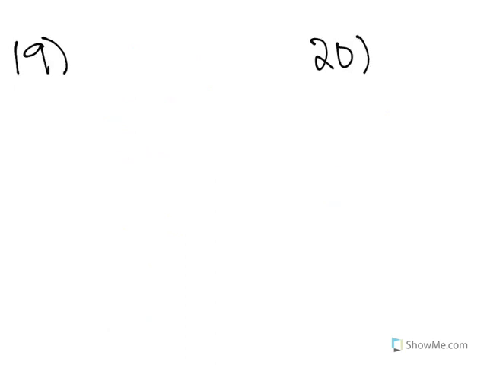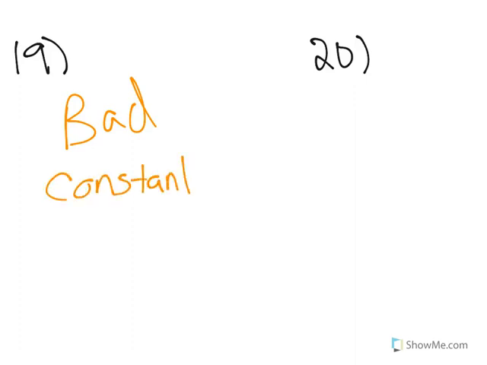Number 19. Bad question. But the point that it's trying to make, that it does not establish because it left out some things, is that it doesn't matter what surface it is. If they're moving at a constant velocity, then that means the acceleration is 0, and therefore the sum of the forces should be equal to 0.